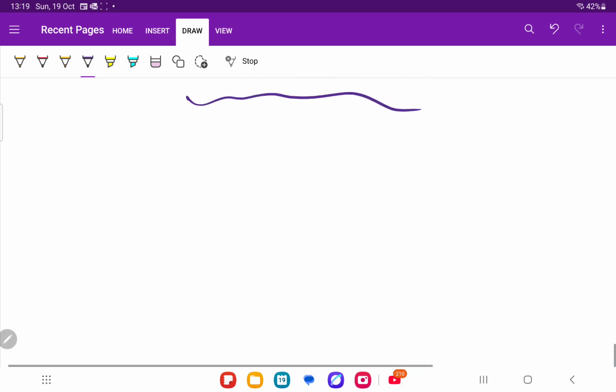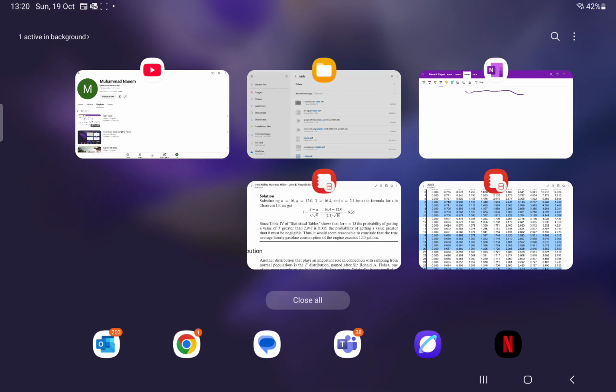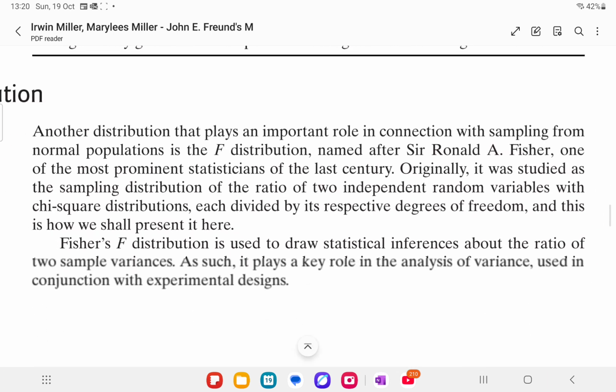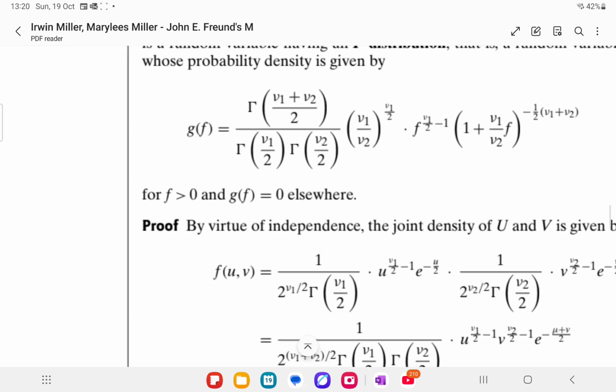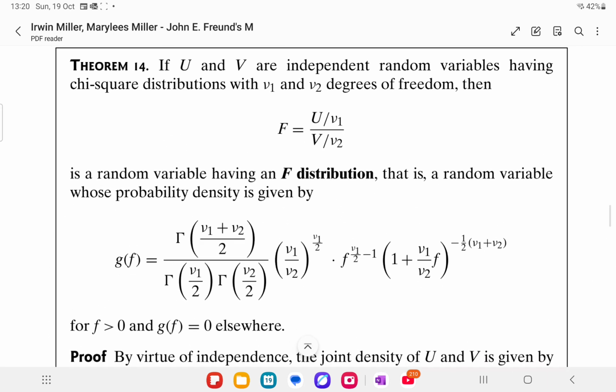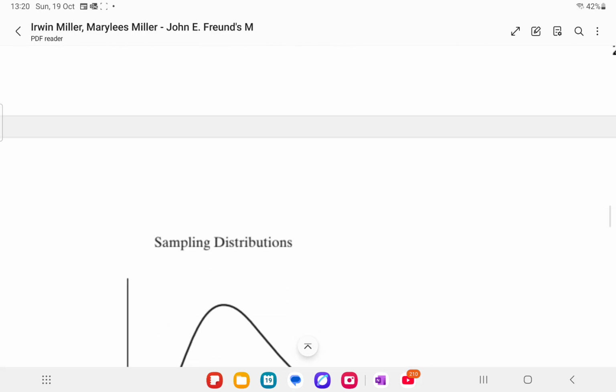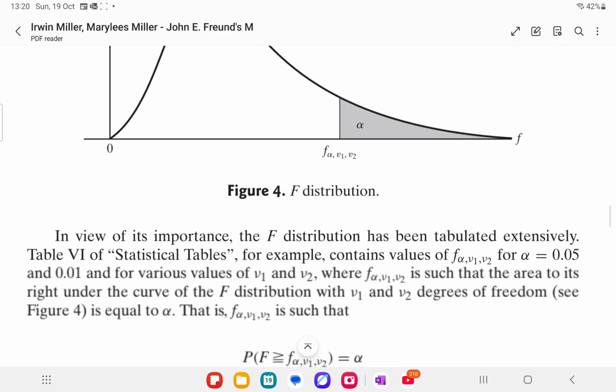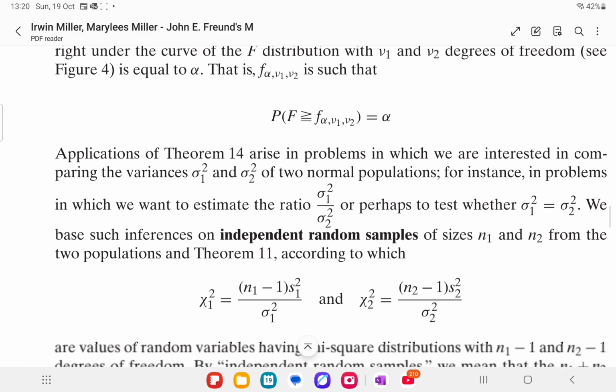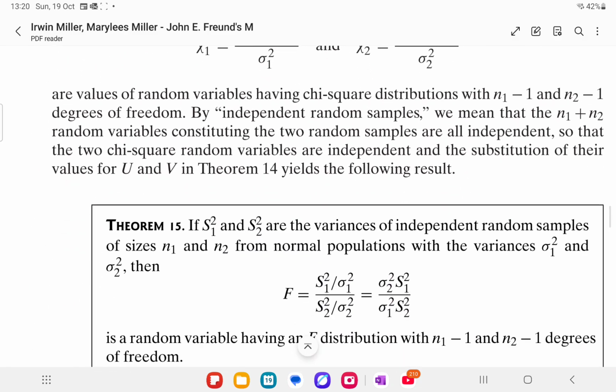Now we are moving towards the last distribution, the F distribution. The F distribution will be used to test the variance.